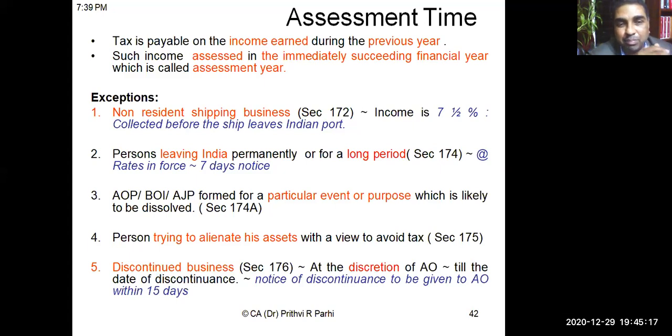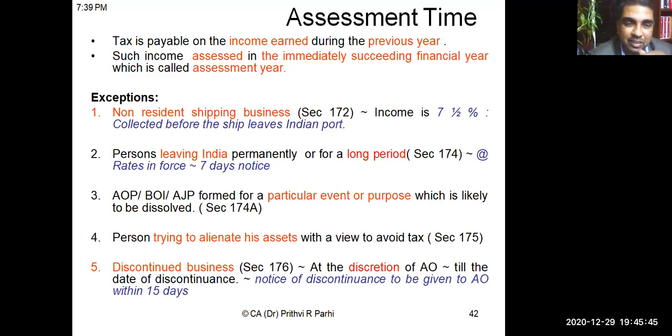The second exception is a person leaving India permanently or for a long period. If the person is leaving India permanently or for a long period, then he is supposed to give 7 days notice and his assessment will be completed at the rate in force. Whatever the income tax rate is, at that rate his assessment will be completed in the same year itself.